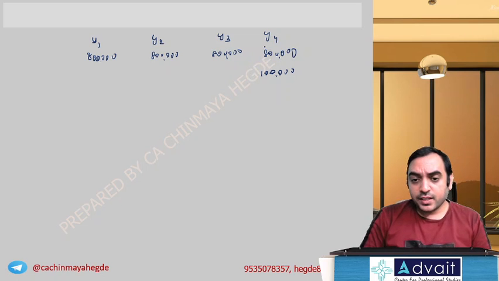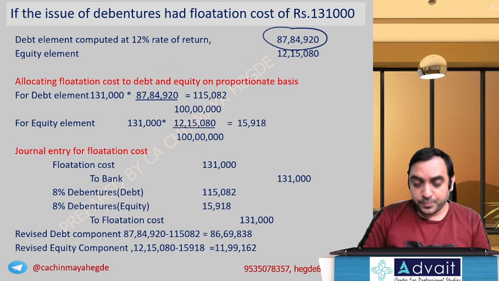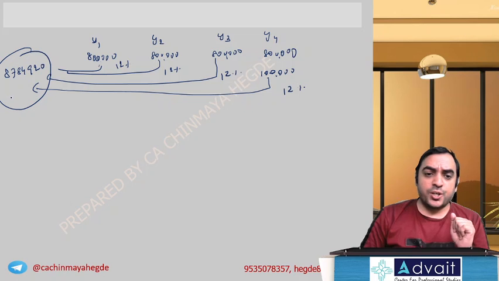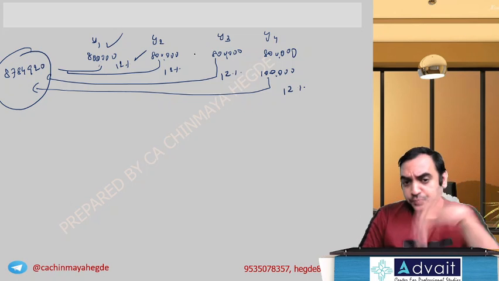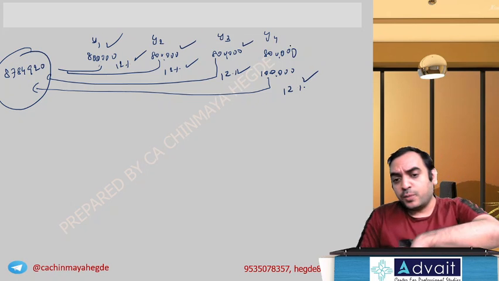We discounted all of them at 12%, and today's value became 87 lakh 84,920. Then we prepared the amortization schedule on 87,84,920 plus 12%, minus 8 lakh, plus 12%, minus 8 lakh, plus 12%, minus 8 lakh, plus 12%, minus 8 lakh.